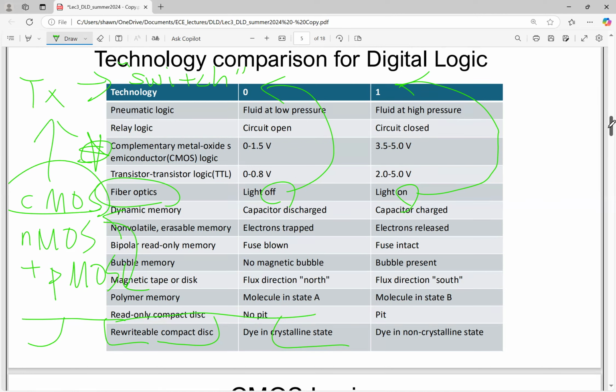To turn on the switch, we need a voltage. To turn off the switch, we also need a voltage range.